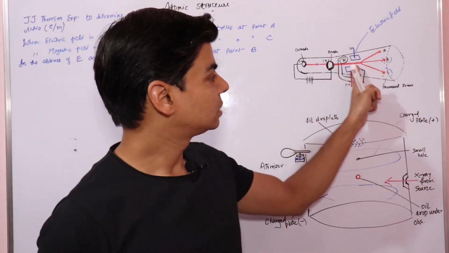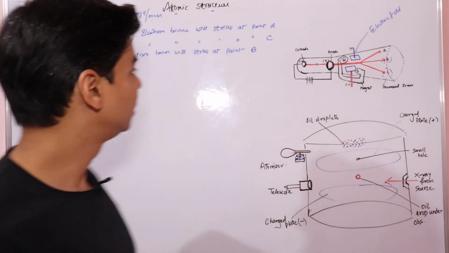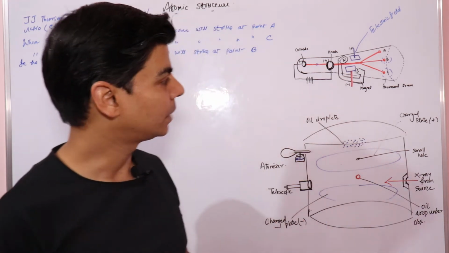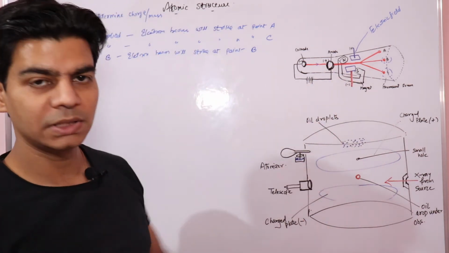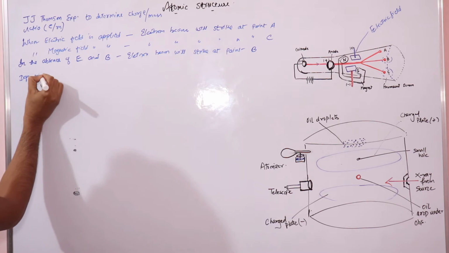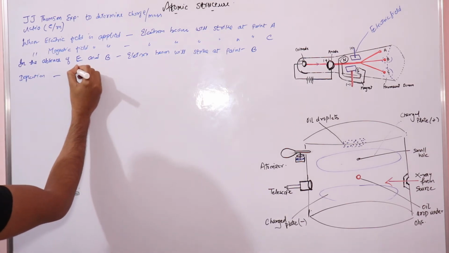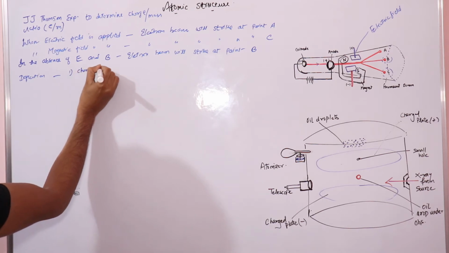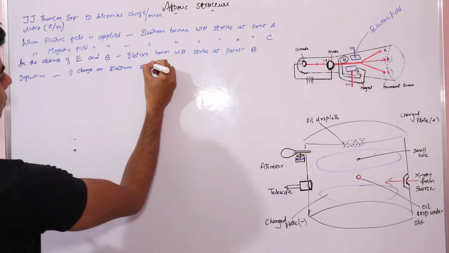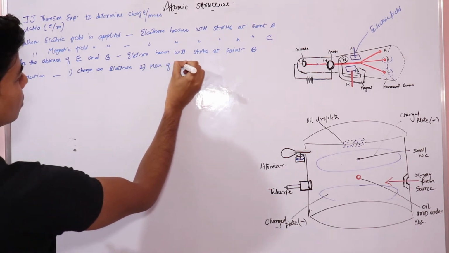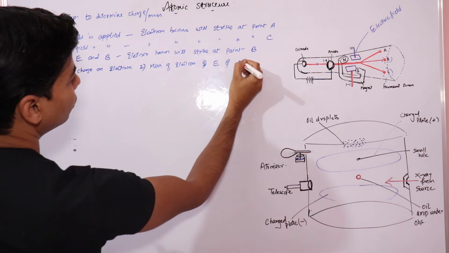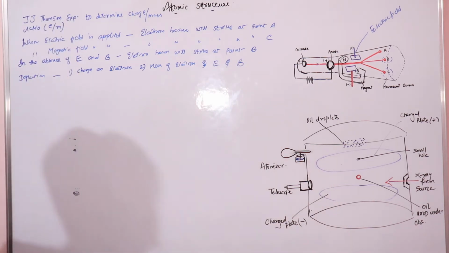The deflection that is caused by these electric and magnetic fields depends on the charge that these cathode rays carry, the mass of the negatively charged particles, and the strength of the electric and magnetic fields. So this deflection depends on first, the charge on the electron, second, the mass of the electron, third, the magnitude of the electric and magnetic field. B denotes magnetic field, right.